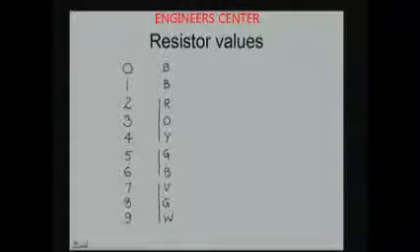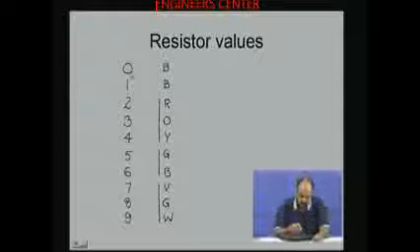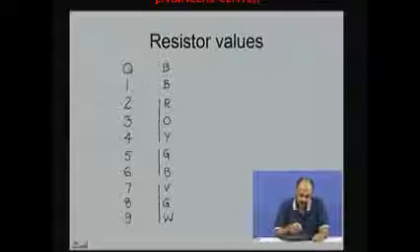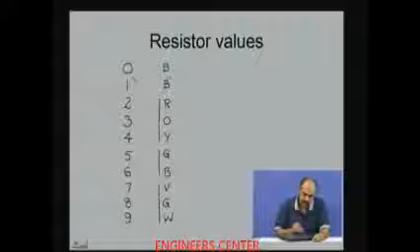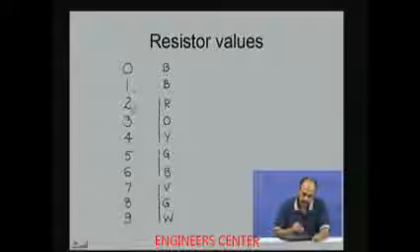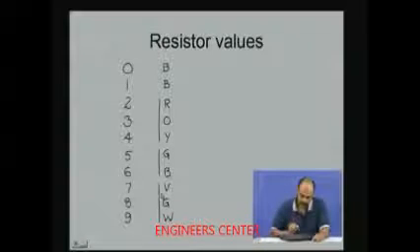So, the color coding is as follows. We see here on the slide these numbers 0, 1, 2, 3, 4, 5, 6, 7, and each number has an associated color, which I am writing here.